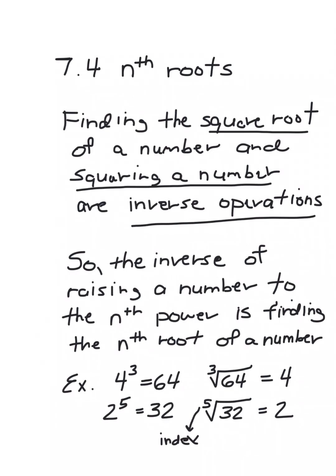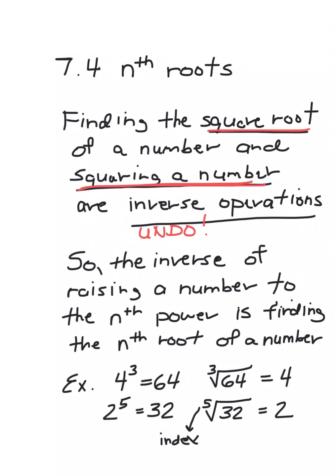This is lesson 7.4. I believe you're already aware that finding the square root of a number and squaring a number are inverse operations because they will undo each other.